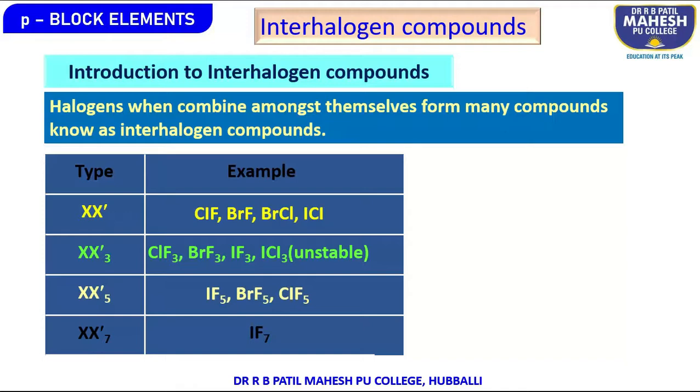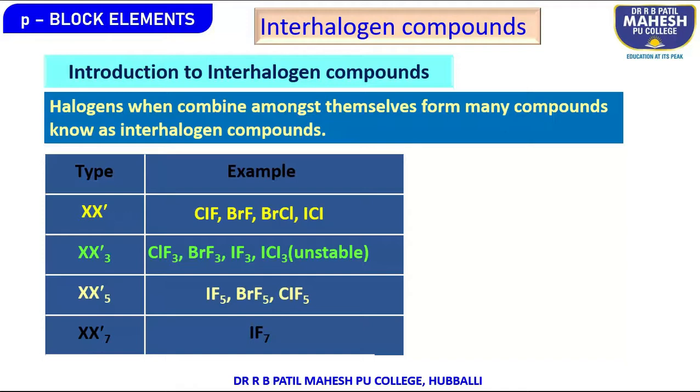As the number of halogen atoms increases in the compound, the possibility of forming that type of compound is observed in the case of a halogen with very high electronegativity and a halogen with lower electronegativity.